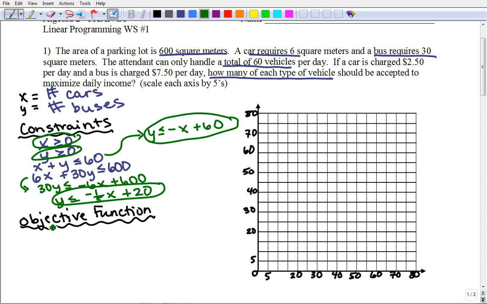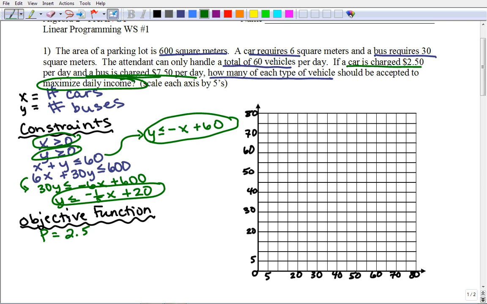So we have these constraints, and then the objective function down here, that's just going to be this part right here. We want to maximize the daily income. So we're looking for what combination of cars and buses will maximize our daily income. So our maximum income could be P equals, sometimes it's P, sometimes Q or R, it doesn't really matter, but usually you'll see P. P equals, we get $2.50 for each car and $7.50 for each bus.